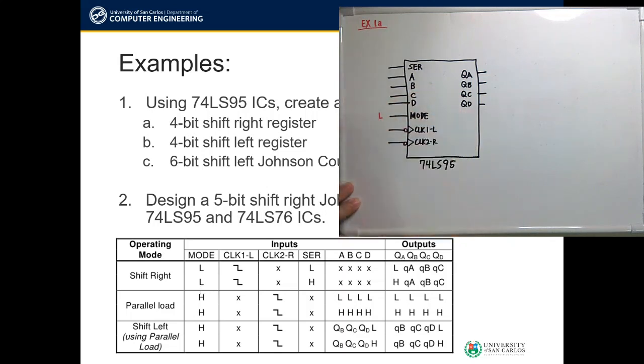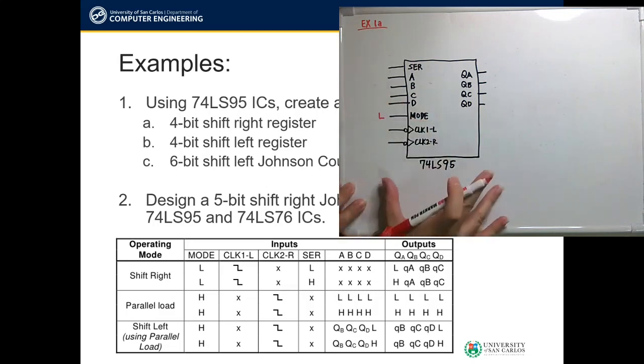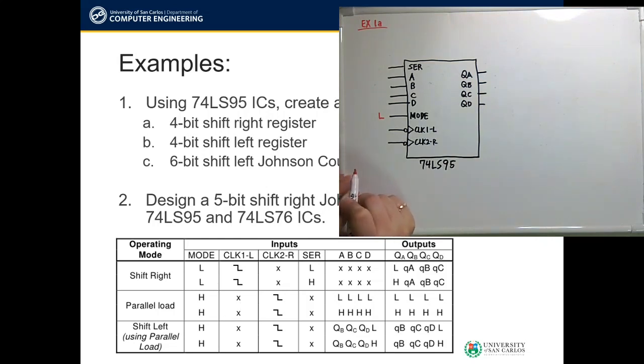So since we are using block diagram, let's just put some symbols here to simplify our solution. Now for our clock inputs, to simplify the design, we can just tie them together on the same clock source because anyway, this second clock is just don't care.